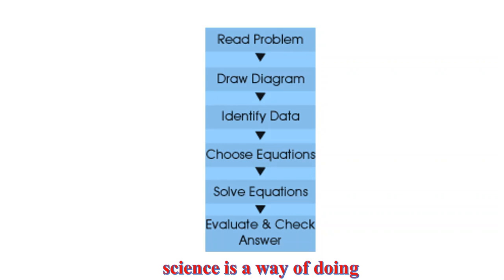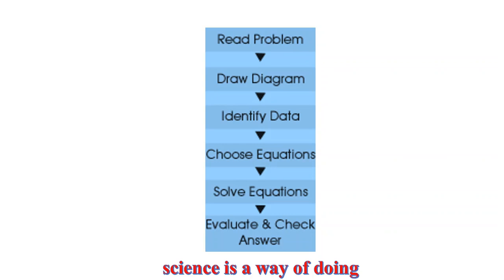We read the problem. Sometimes, honestly, the biggest problem a student has is they don't read the problem to begin with. We draw a diagram, especially in physics, many problems. If you have an incorrect diagram, you get led astray. You identify the data. In this case, what are the things that you're told in the problem?